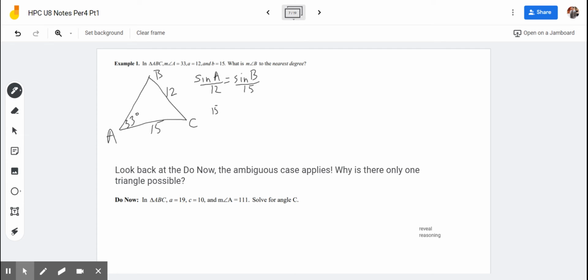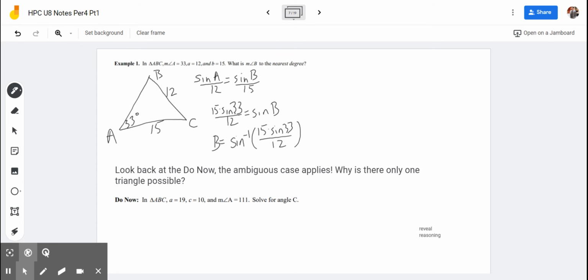We'll have 15 times sine A over 12 is equal to sine of B. And then B is going to be equal to sine inverse of that fraction, 15 times sine of A, which is 33, over 12. Okay, so when you type this into the calculator, rounding to the nearest degree, B is about 43 degrees.